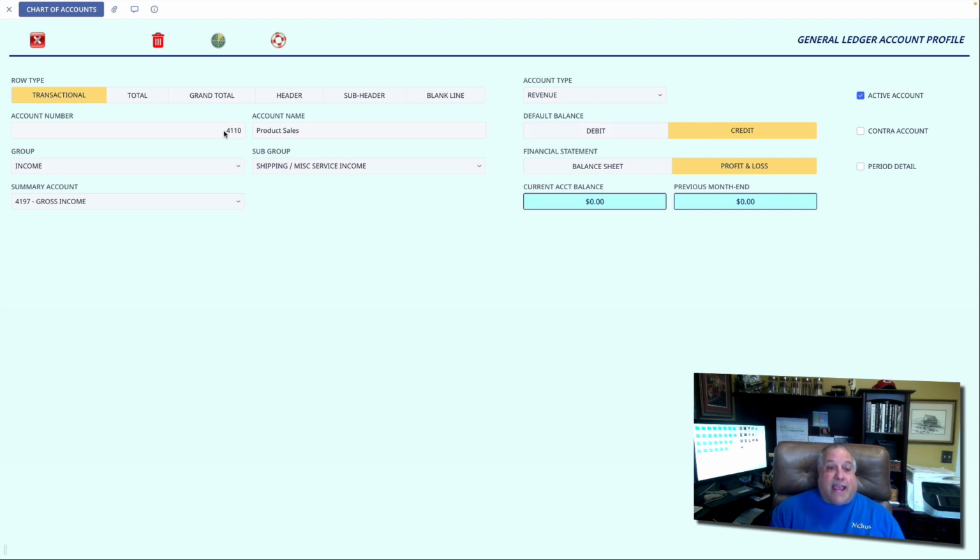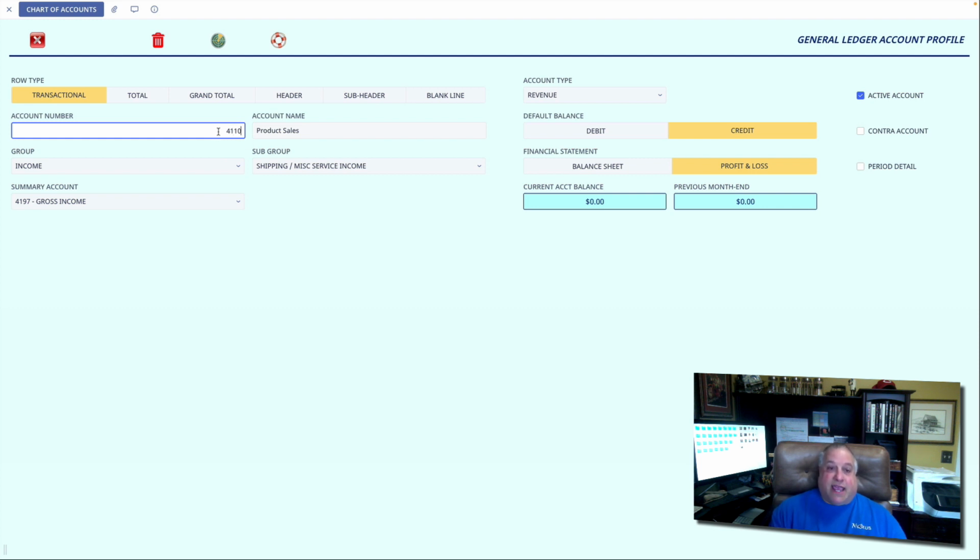We know that it's a revenue account because our revenue accounts always begin with a 4, and we know it's a normal or regular operating revenue account because the second digit is a 1. Other non-operating or passive revenue or income, we might have a 42 or a 43 as the first two numbers of the account number.